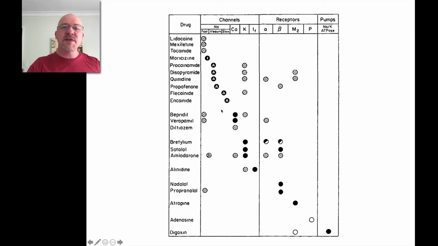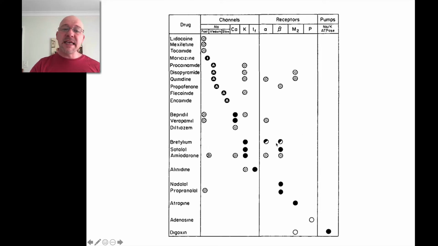And there's a bit of a classification, whether it's striped lines or an I or an A or solid or half solid, of how they work. We take a look. Remember I said digoxin works on the sodium, potassium, ATP pump. Well, if we take a look down here, that's where digoxin works. It also has some beta effects. So, or is it? It's not beta. It's muscarinic. Sorry, looking in the wrong line.